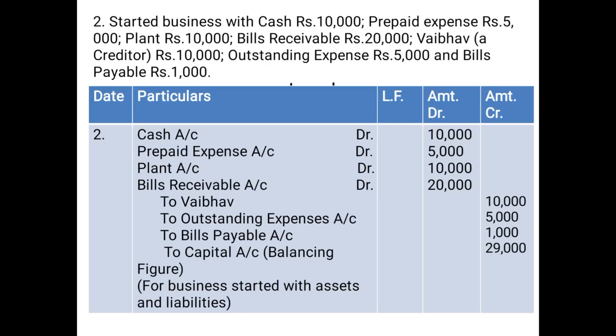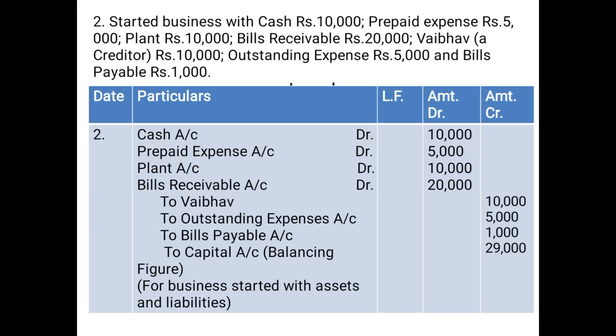Next example: started business with cash 10,000, prepaid expense 5,000, plant 10,000, bills receivable 20,000, VAB a creditor 10,000, outstanding expenses 5,000, bills payable 1,000. So if you see here, the business is started with both assets and liabilities. So we will debit all the assets and we will credit all the liabilities.